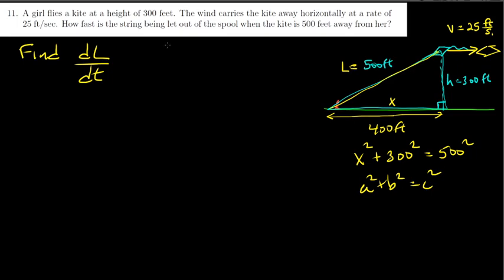So what are we given? What do we know? Well, remember, x is the horizontal distance, and the kite is only traveling horizontally. So the kite's speed is dx over dt, which is 25 feet per second. So that's given. So what's the relationship between x and L?